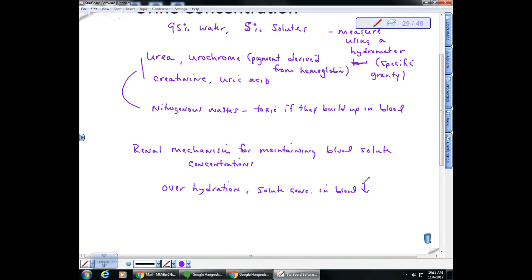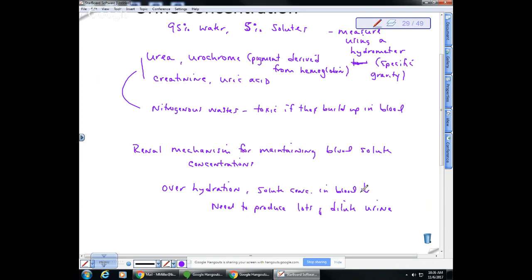Specifically, the sodium concentration and the potassium concentration can shut down the nervous system, right? And that can lead to coma. So in this instance, you need to produce lots of dilute urine. That is a mechanism by which you can get rid of the extra water that you have taken into your body.